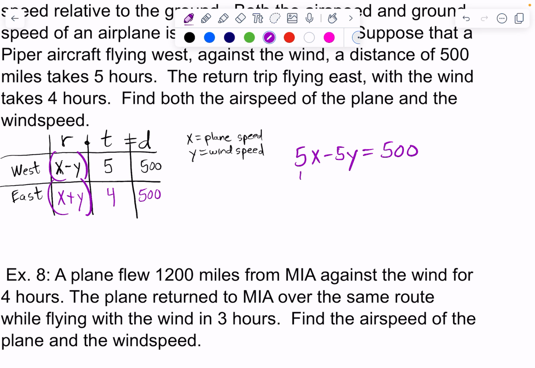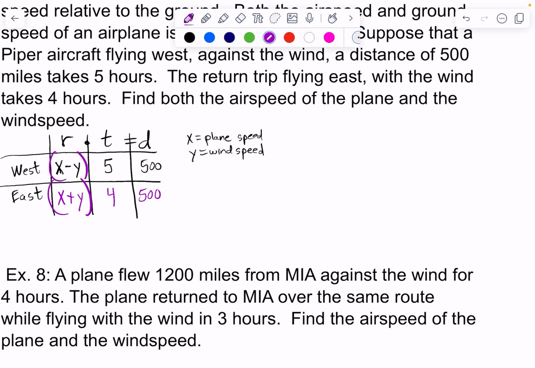And then you have 4x plus 4y equals 500. And you can go ahead and use elimination to solve. However, I'm going to show you a little bit of an easier way and a quicker way to do this.